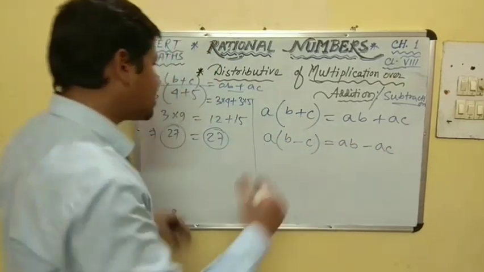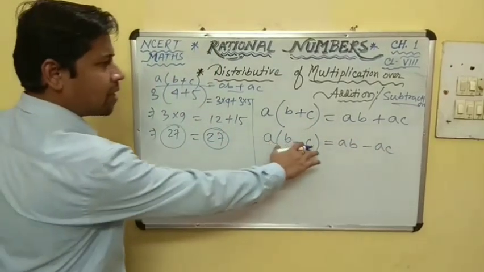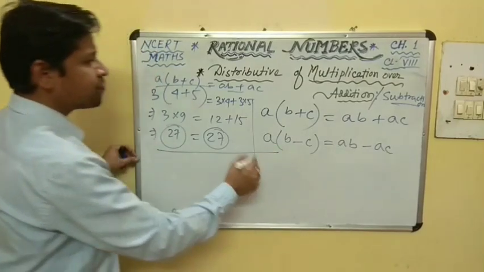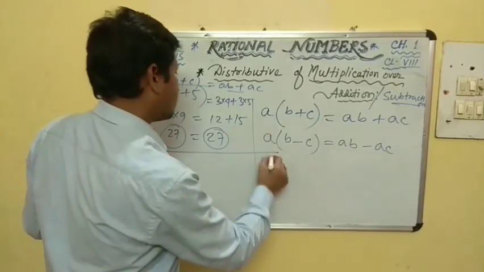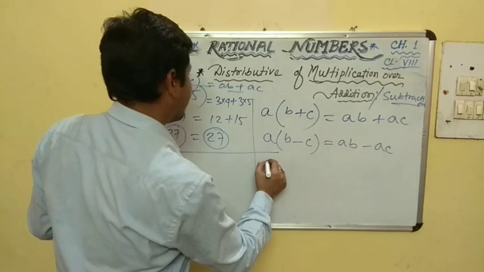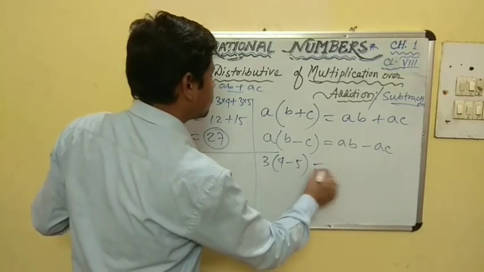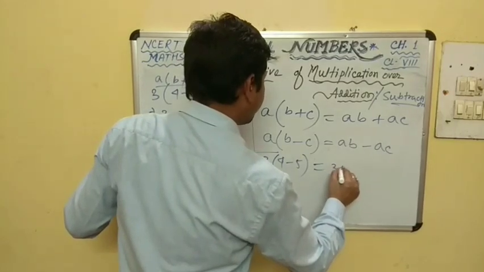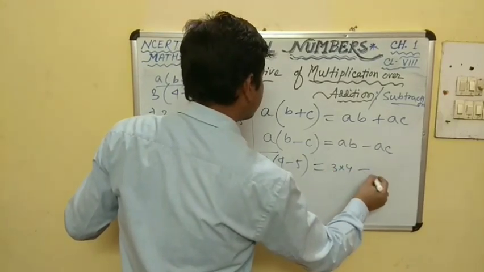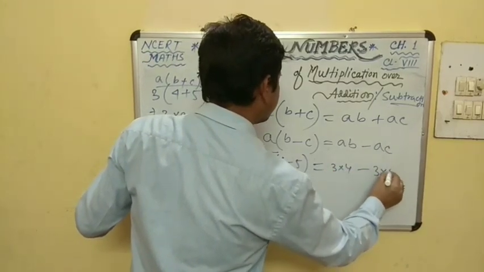Similarly, we can say the same for the minus, that is, subtraction. How? If we take an example here, 3 into 4 minus 5 is equal to 3 into 4 minus 3 into 5.